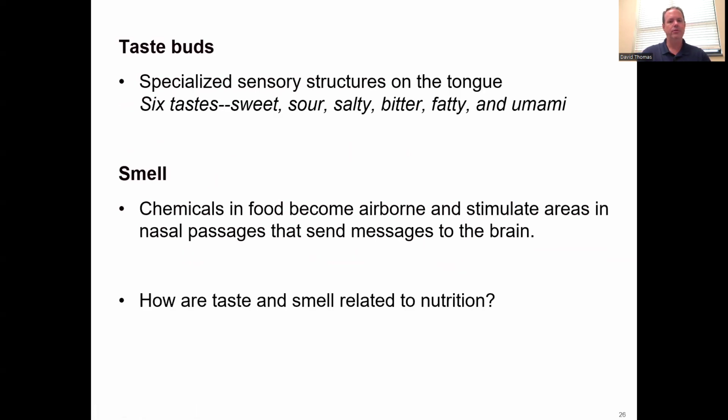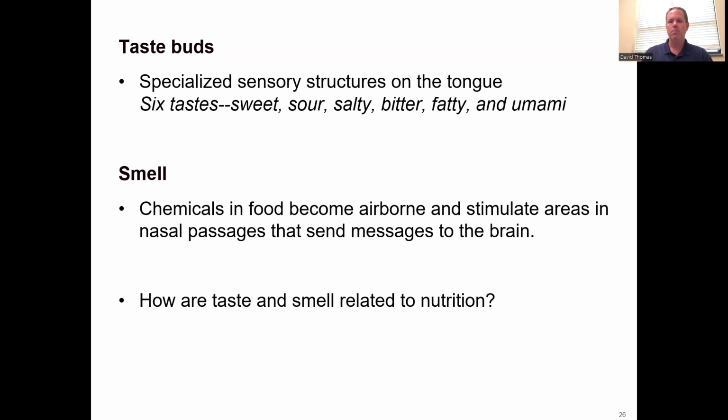Also in the mouth, associated with nutrition and the foods that we eat, are our taste buds. Taste buds, of course, on the tongue, have the ability to detect different sensations. Really, they're detecting different chemicals, and those sensory receptors in our taste buds are sending information to the brain, getting it to process that and let us know our perception of that particular taste or flavoring.